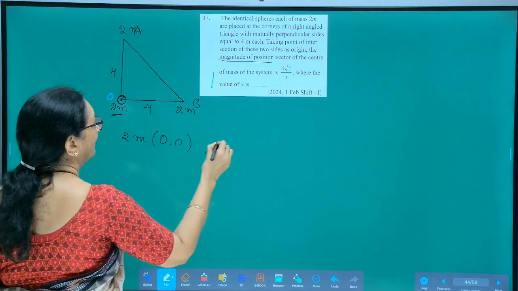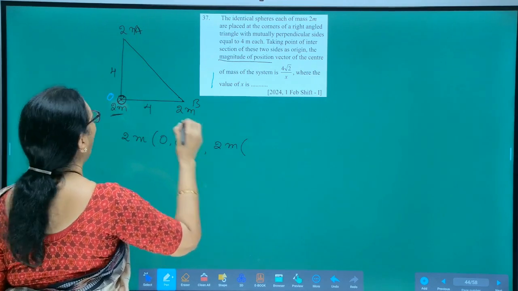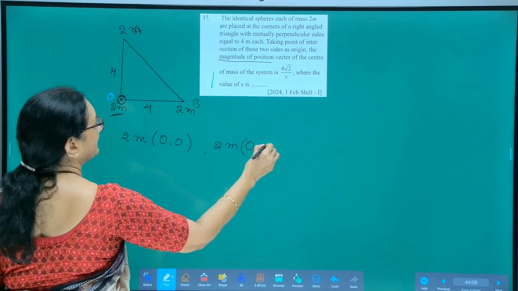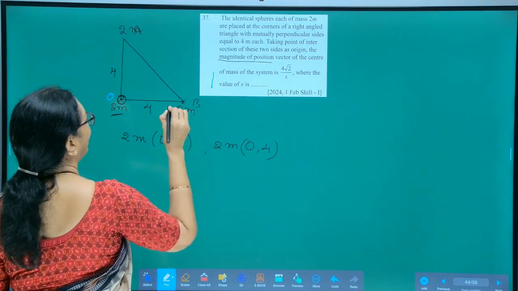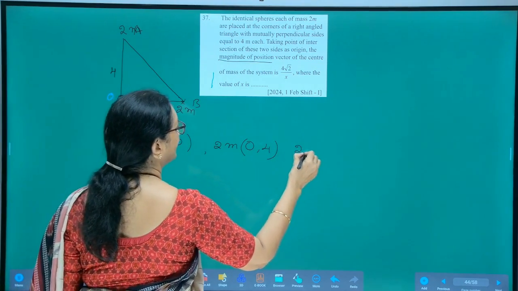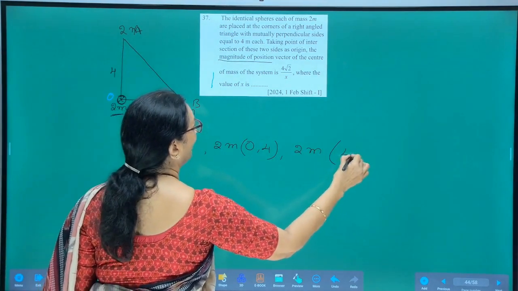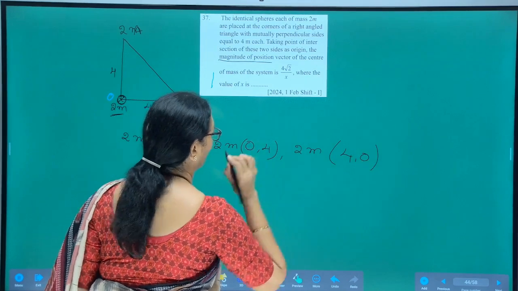At A, mass placed is 2m and the coordinates, x coordinate is 0, y coordinate is 4. And for B, mass placed is 2m, x coordinate is 4 and y coordinate is 0.